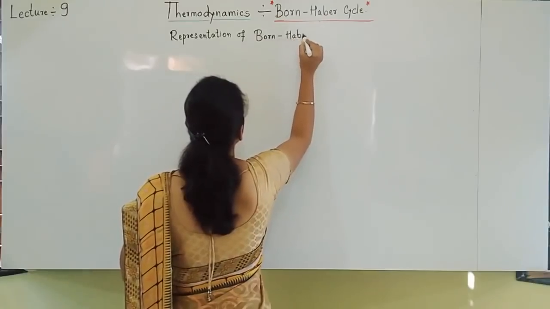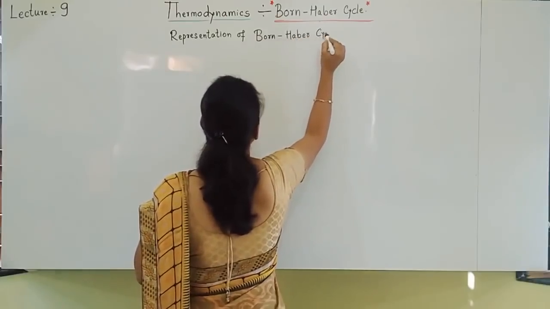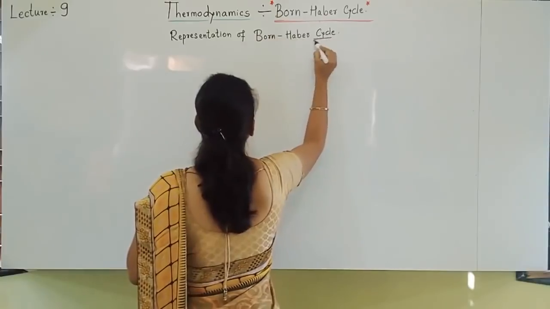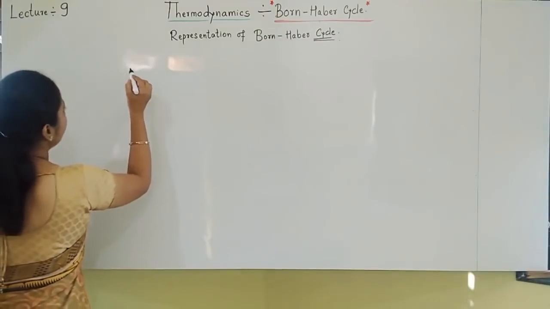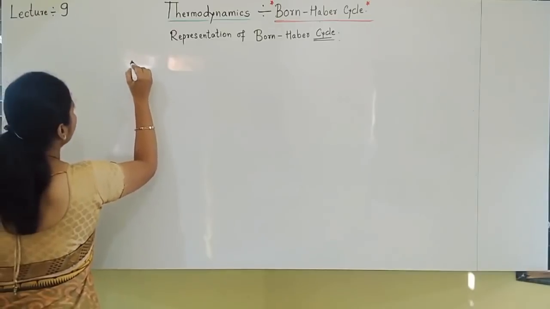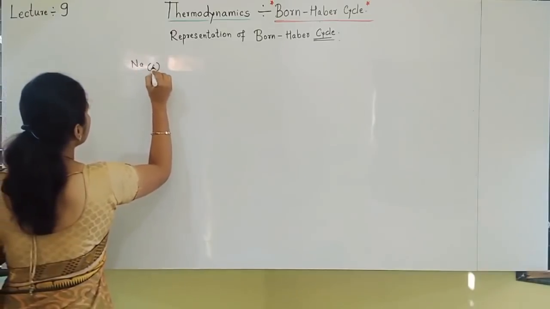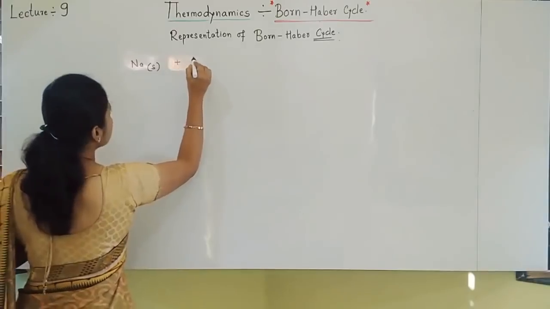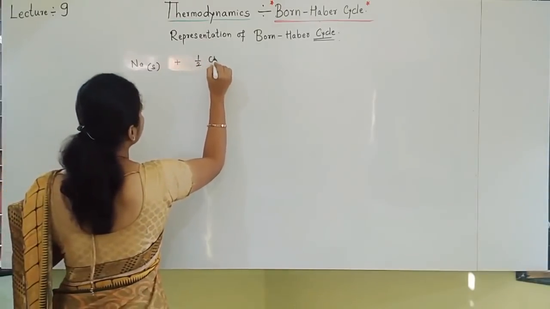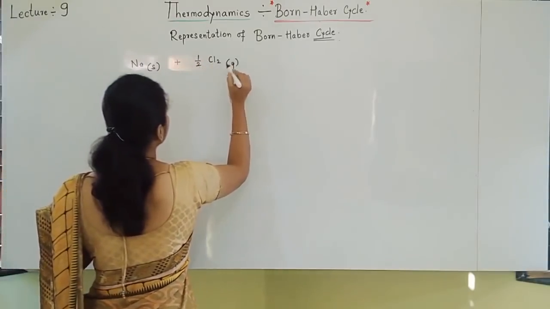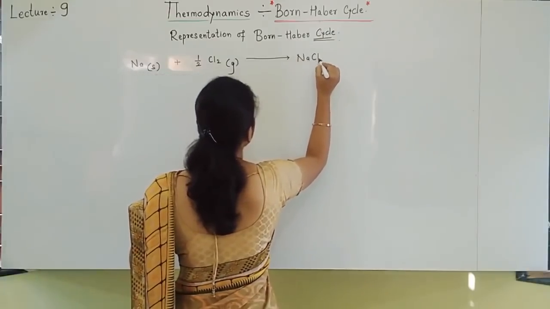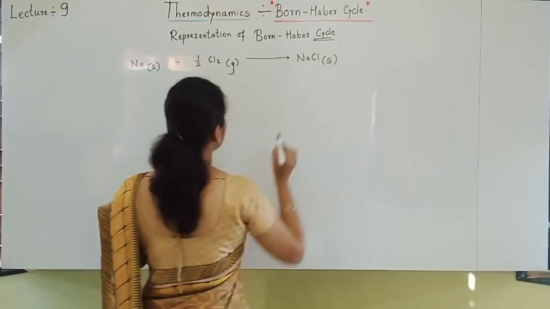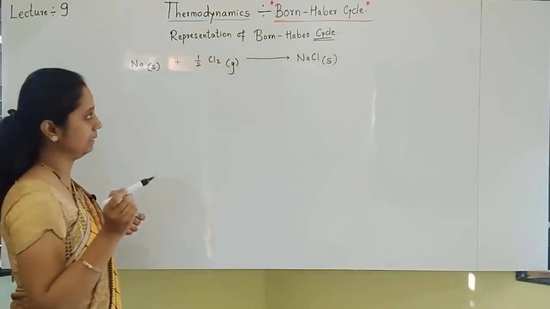Students, let us see how the representation of Born-Haber cycle is done. The first equation, whatever we have seen, was sodium solid plus half chlorine. This was the equation for formation of ionic compound NaCl.